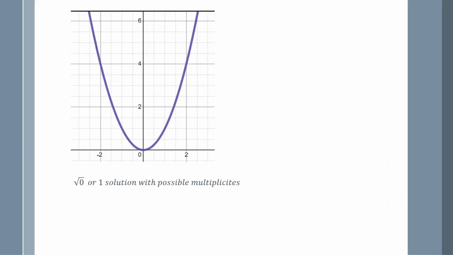Alright, so before we continue, I need to remind you guys about these graphs and what the images could tell you. So, we have worked in a situation where we got one solution.